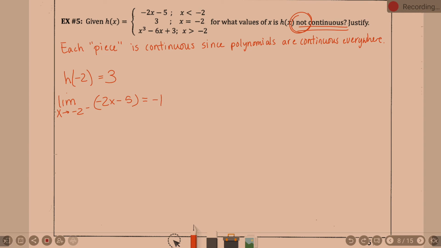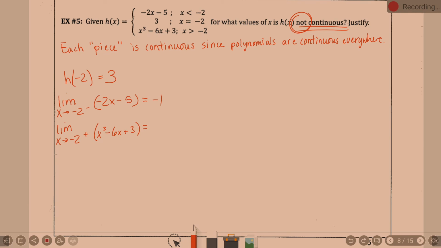The limit as x approaches negative 2 from the right, when x is greater than negative 2, is x cubed minus 6x plus 3. That's 7.